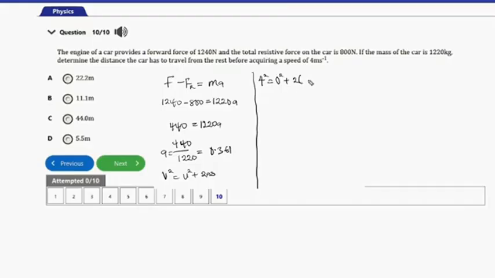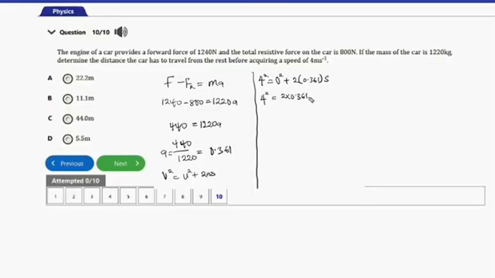So acceleration is given as 0.361 from the previous calculation here. Then the distance here is not given, and that's what we are calculating for, which is s. So in this situation, we have that 4 squared is equal to 2 times 0.361 times s.